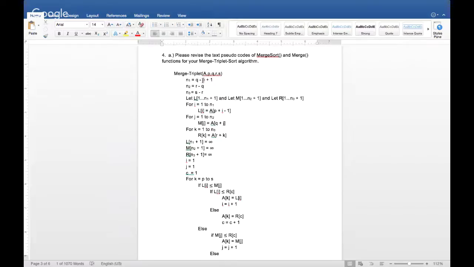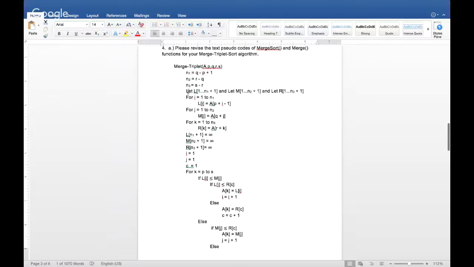So, for example, say P starts at 1, and Q starts at 5. Q minus P plus 1, that is 5 minus 1 plus 1, so we know that n1 is 5.